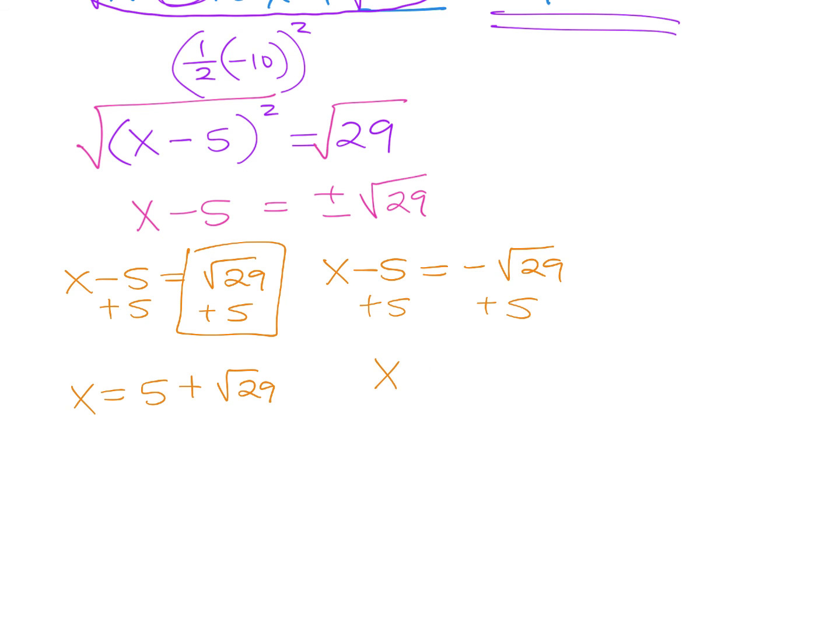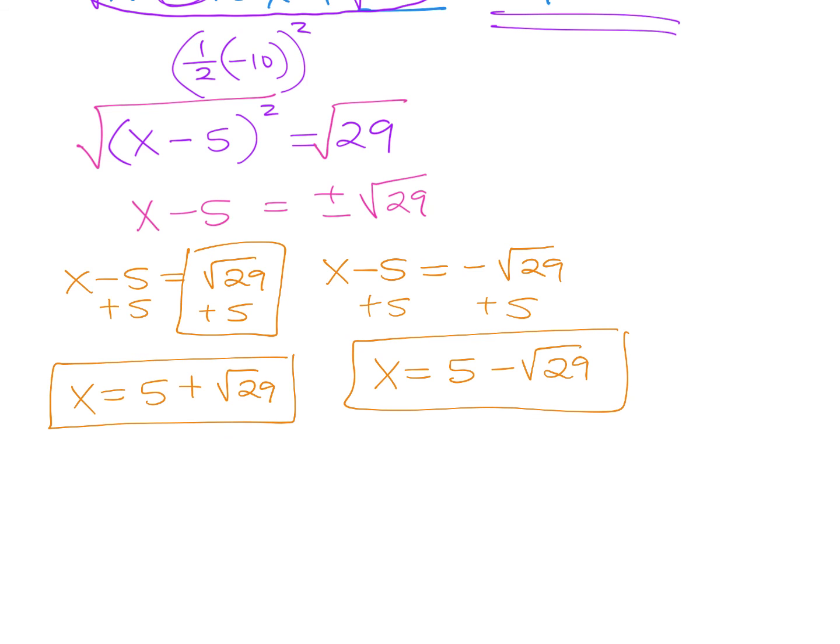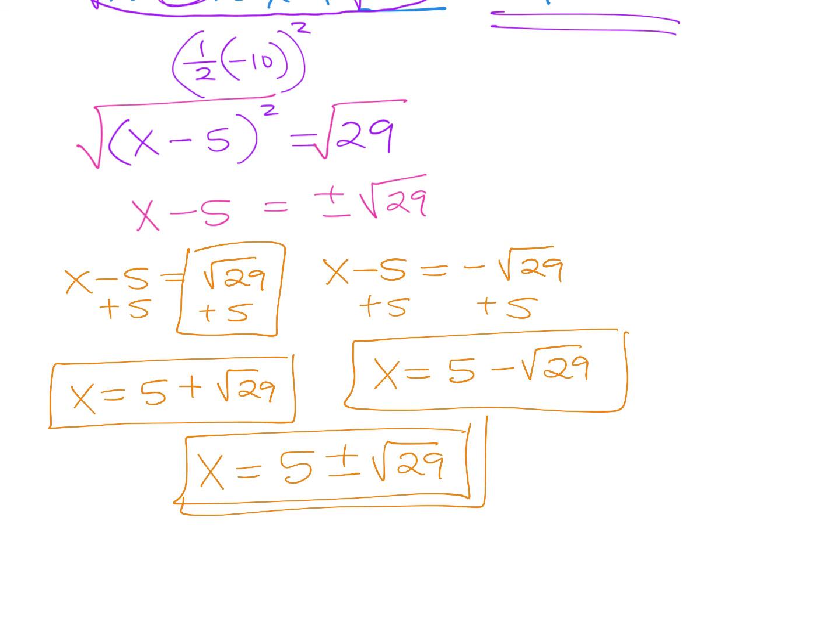This one's going to be x equals 5 minus the square root of 29. I don't care if you leave your answer like this, but a simpler answer would just be x equals 5 plus or minus the square root of 29. So that would be your best answer. But it is fine if you want to just leave them as 2 separate things. I don't have any problem with that.